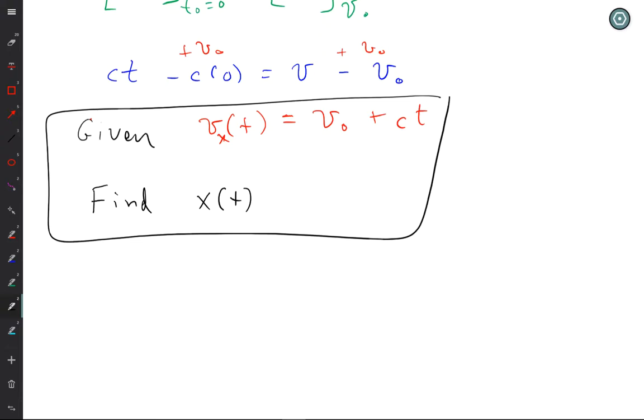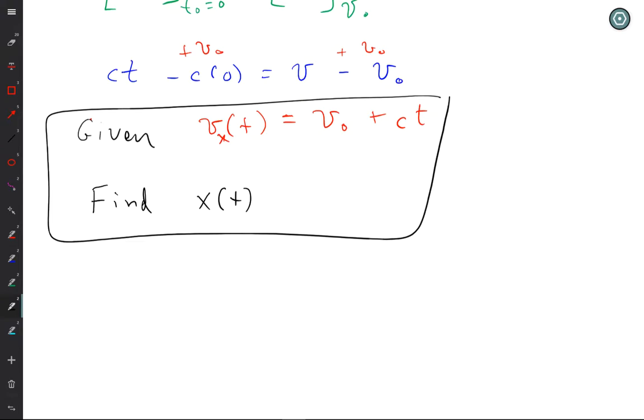Wait, so which one are we getting rid of? Just the vx. Well, vx is a function of time, that's all one thing. Am I allowed just to replace the vx with dx dt and keep the t here?